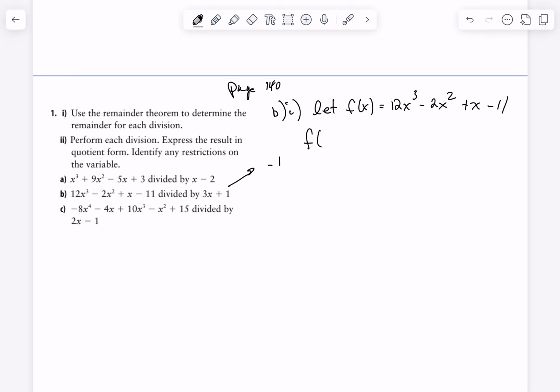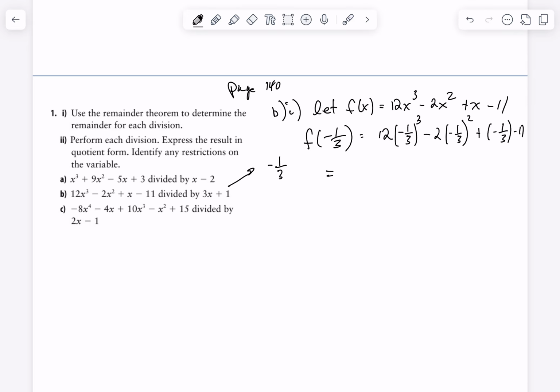This is going to be negative 1/3, right? To identify what the remainder is going to be. So we're going to get 12 multiplied by negative 1/3 cubed, minus 2 times negative 1/3 squared, plus negative 1/3, and minus 11.